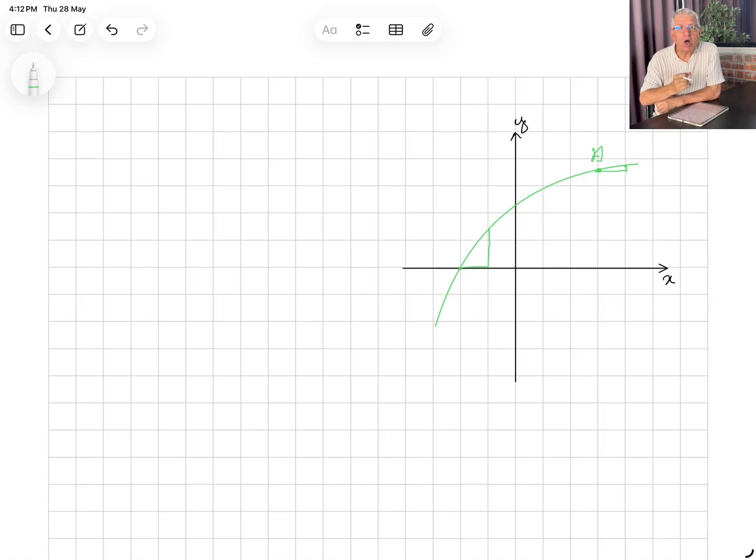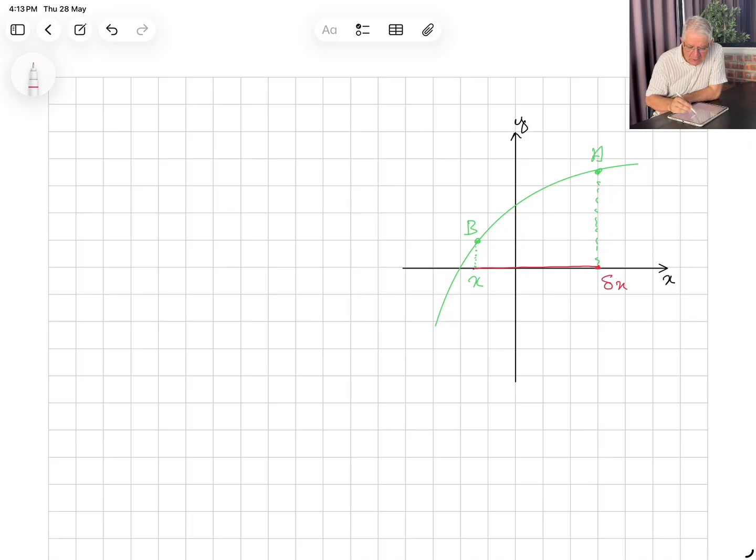So how should we find the gradient of a curve? For that, we are going to select 2 points on this diagram. Suppose point A is here and point B is here. This distance from the point B to point A, I will call it change in x, delta x.